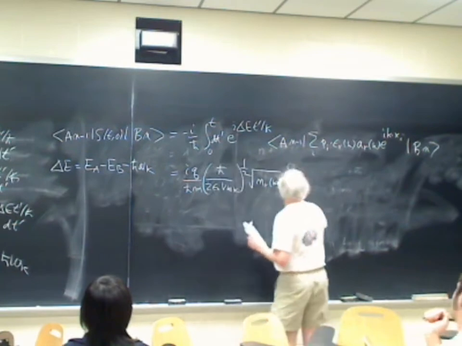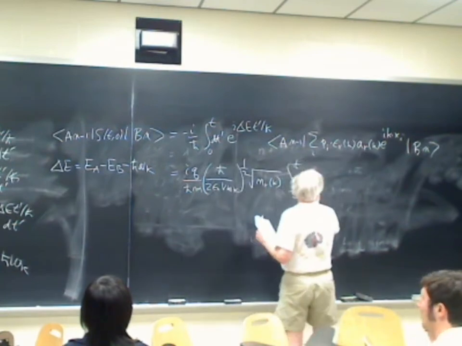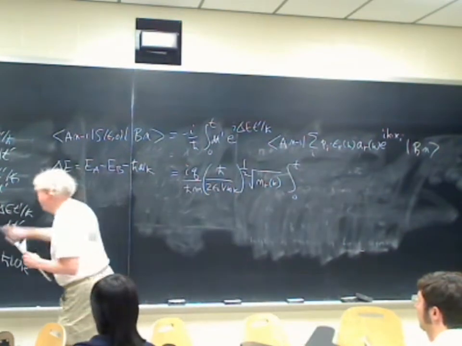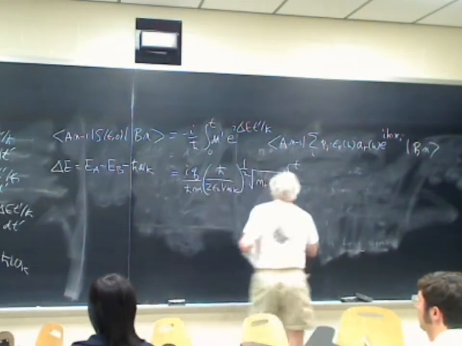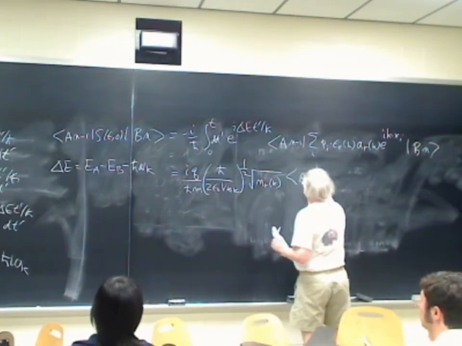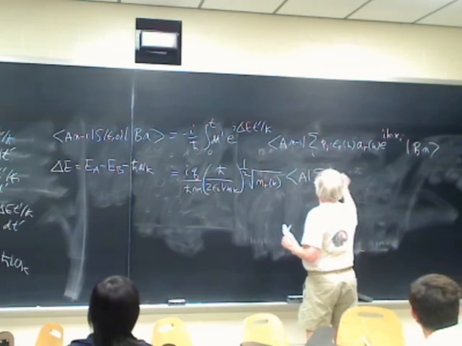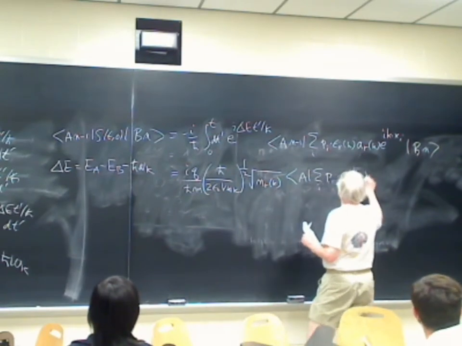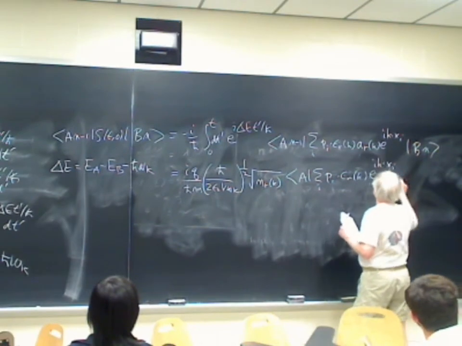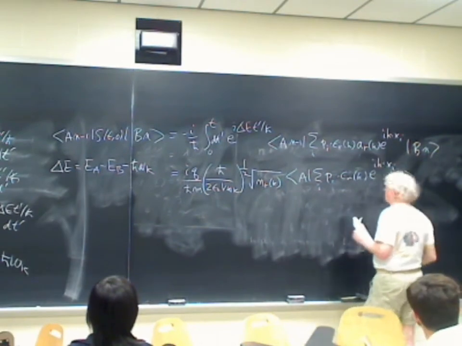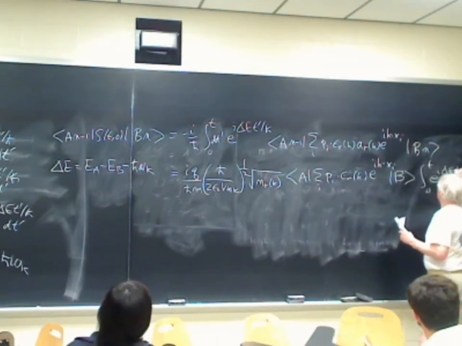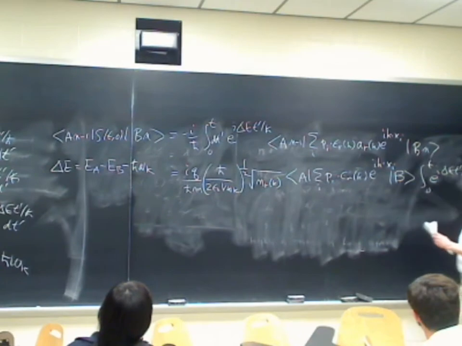And then it will be integral 0 to t. Well, let's see, wait a minute. I left out the matrix element. Let me put the matrix element in, because that's important. What's left is A, sum on I, p_i dot epsilon r of k, e to the I k dot x_i, B. And now integral 0 to t, e to the I delta E t prime over h bar, dt prime.